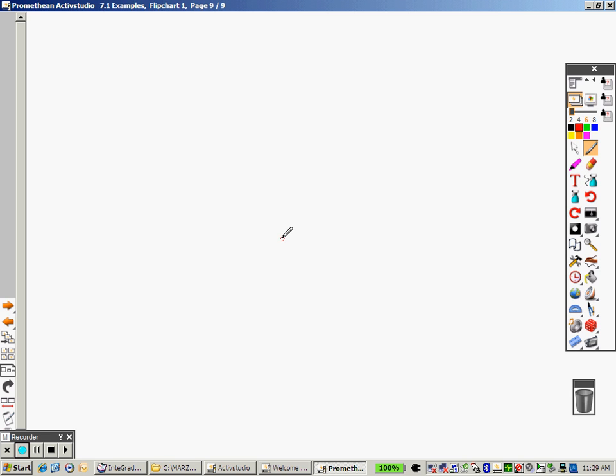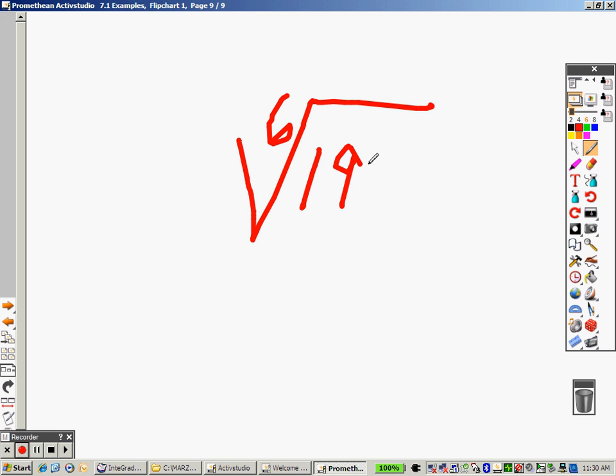So other than that, I'm trying to think of some other little things for you to keep in mind when you're doing these problems. But if you can simplify things, you do need to simplify them. And by that I mean, let's see if I can find one for you. What if I gave you the sixth root of 192?